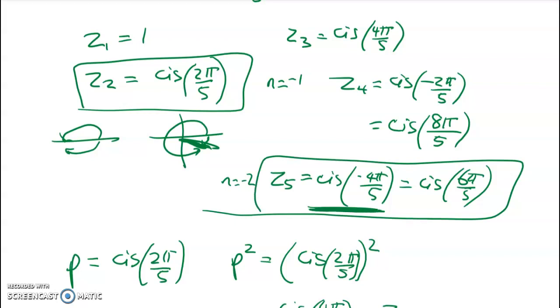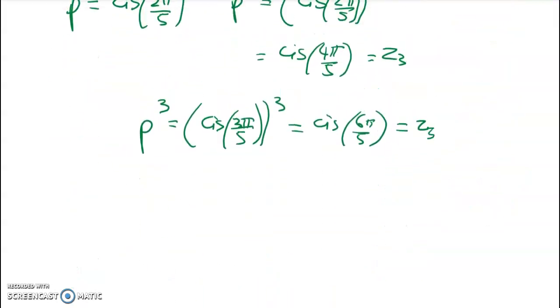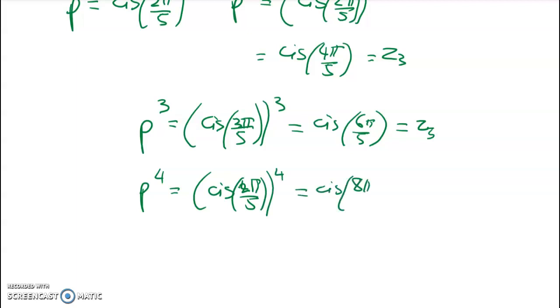So this is why I wanted to translate it from -4 pi on 5 over to 6 pi on 5. So that's my fifth root, and p to the power of 4 is equal to cis of 2 pi on 5, to the power of 4, which is equal to cis of 8 pi on 5, which is equal to cis of -2 pi on 5, which is our Z4.